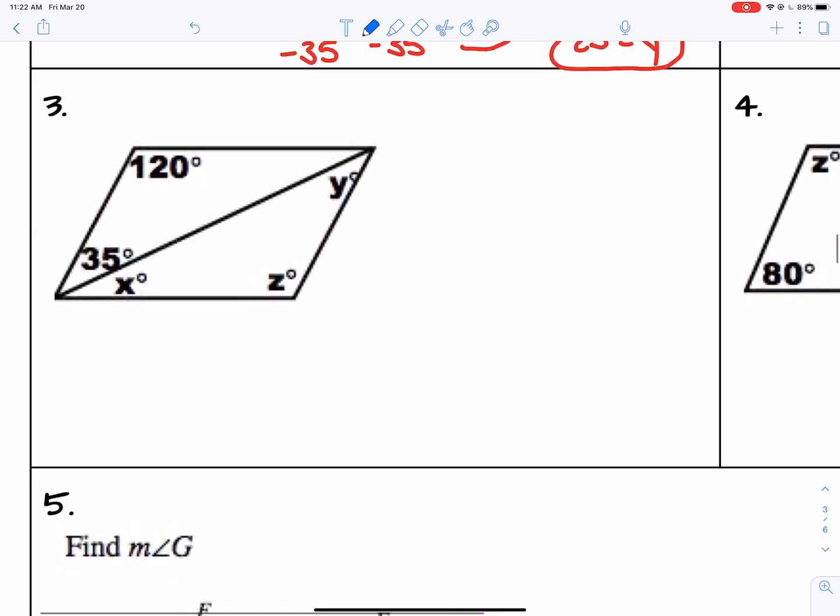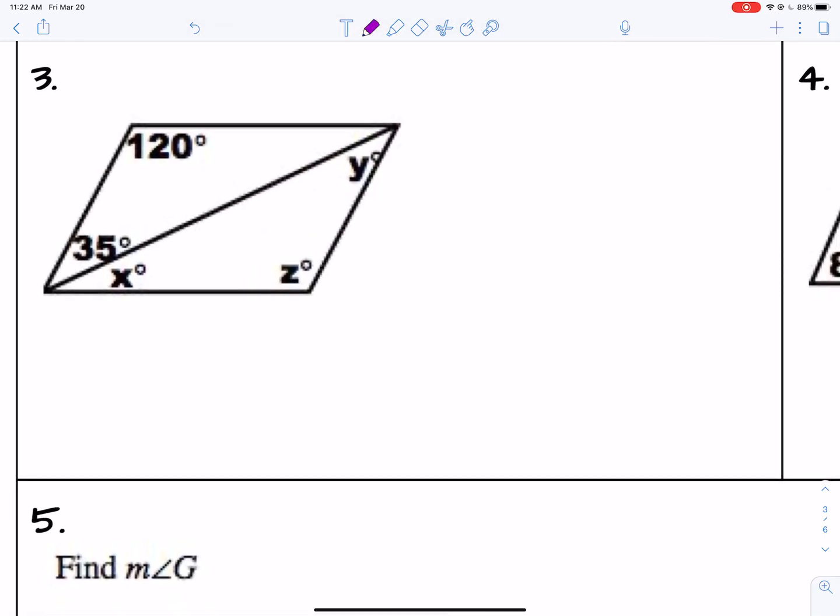So number 3, notice they've labeled the angles again. So you want to think of properties that involve your angles. So opposite angles are congruent is a nice quick way to get started usually. So I can tell 120 degrees would be the measure of angle Z. So that's pretty quick and easy since they're opposite of one another. And then what I would do is say these two angles are supplementary because they're consecutive.